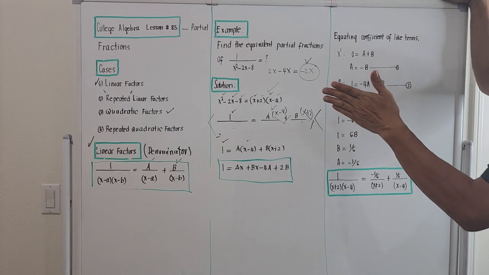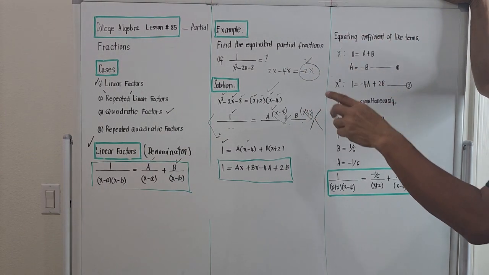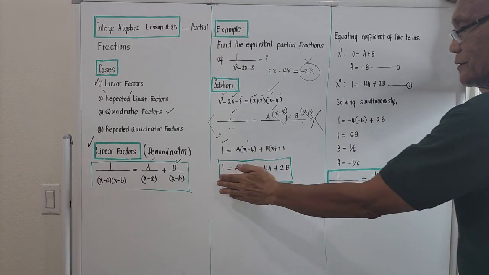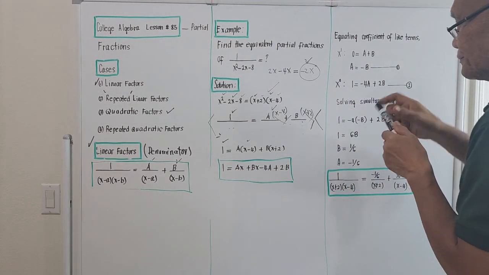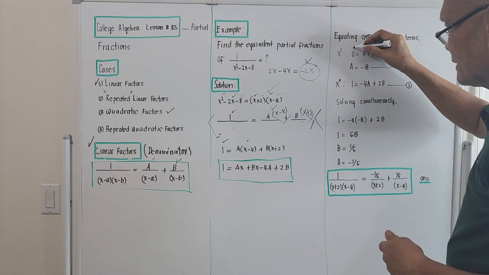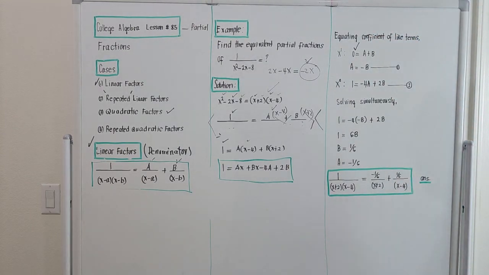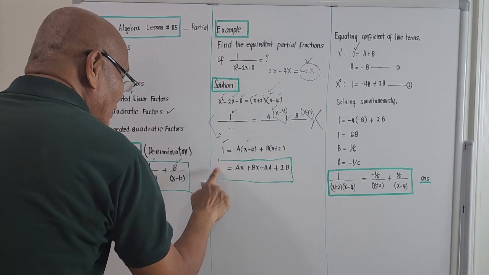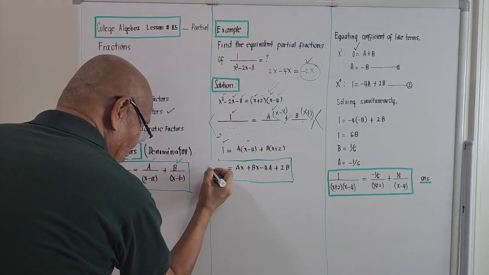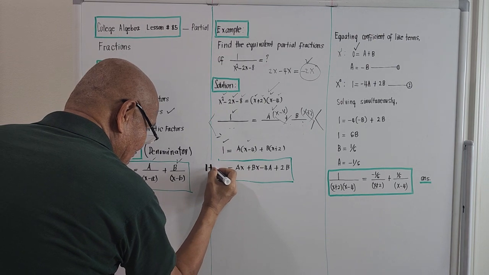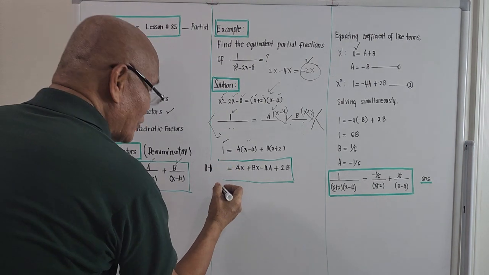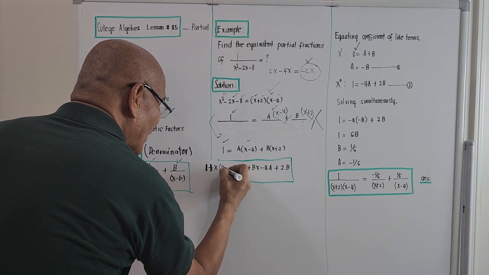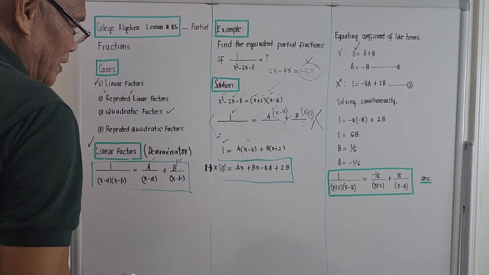We will start with terms that involve x to the first power. On the left hand side, it is 0. This is just 1. I will write it like this: 1 plus x to the first multiplied by 0.